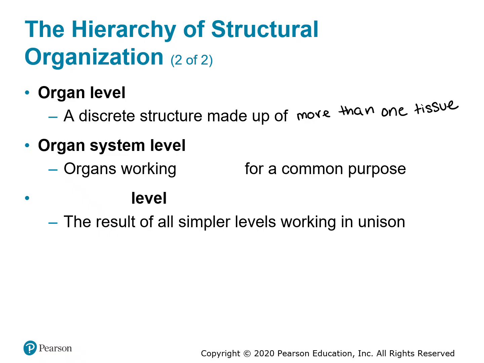An organ is a structure made up of more than one tissue. It can be multiple different types of tissue, but at least more than one tissue.